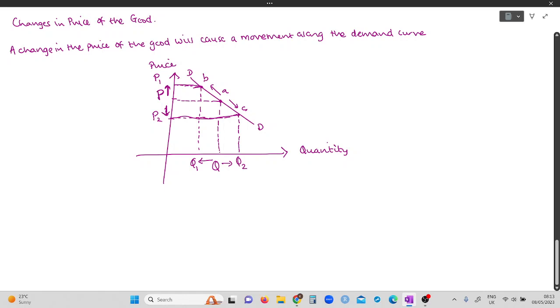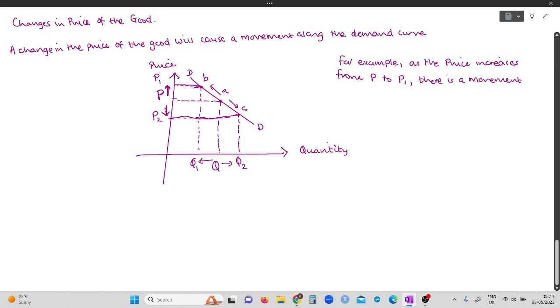So, for example, as the price increases from P to P1, there is a movement.